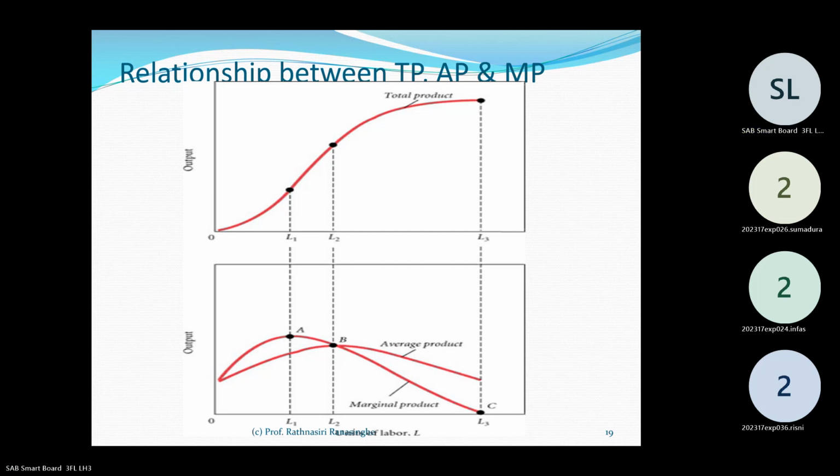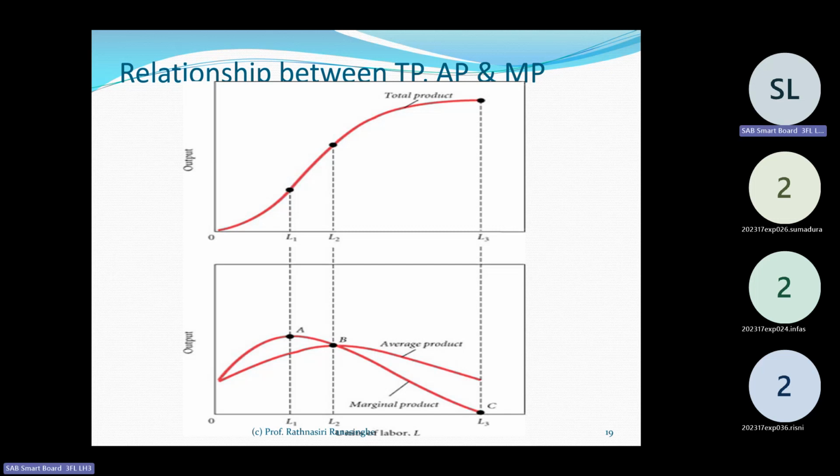That's why marginal product is continuously decreasing. So this is the region where we experience diminishing marginal productivity of labor. Here the principle of diminishing marginal returns to the variable factor applies.